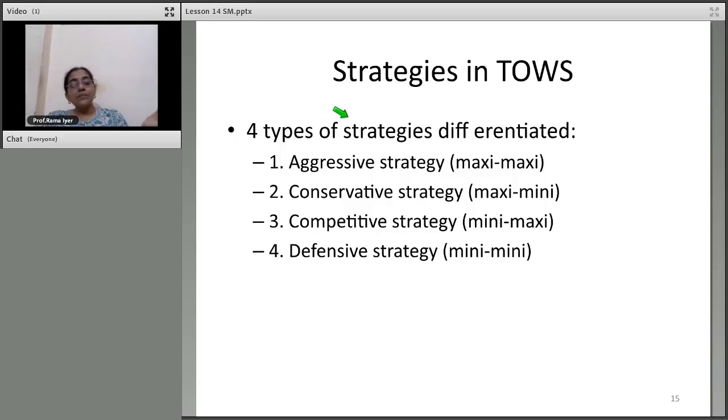Then, exploiting the strengths to overcome potential threats is another point which you have to remember. And weakness and threat strategies, what are you trying to attempt? Minimize your weakness, avoid possible threat. So different ways in which you can manage the situation. Are you clear?